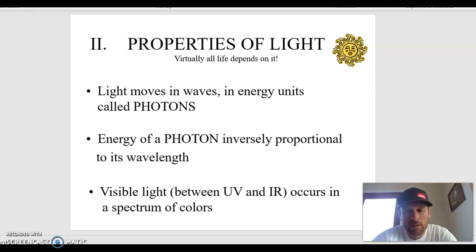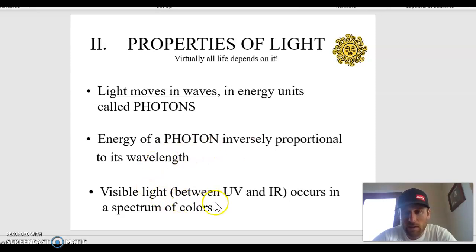And the photons are like these little packets that strike the chloroplasts and are absorbed.